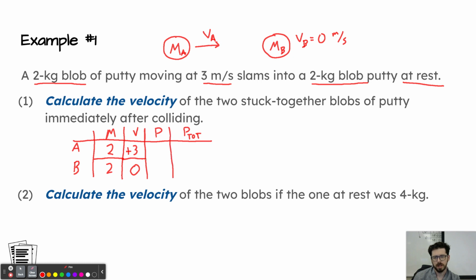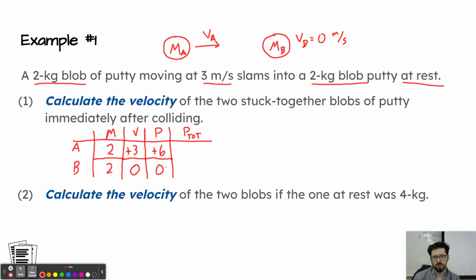What I really like about these MVP charts is that you can literally just multiply across. M times V, so 2 times 3 would equal positive 6 as our first momentum. And then M times V, 2 times 0 would be 0 as our second momentum. Now, just like we did in the simulation, we add those two.